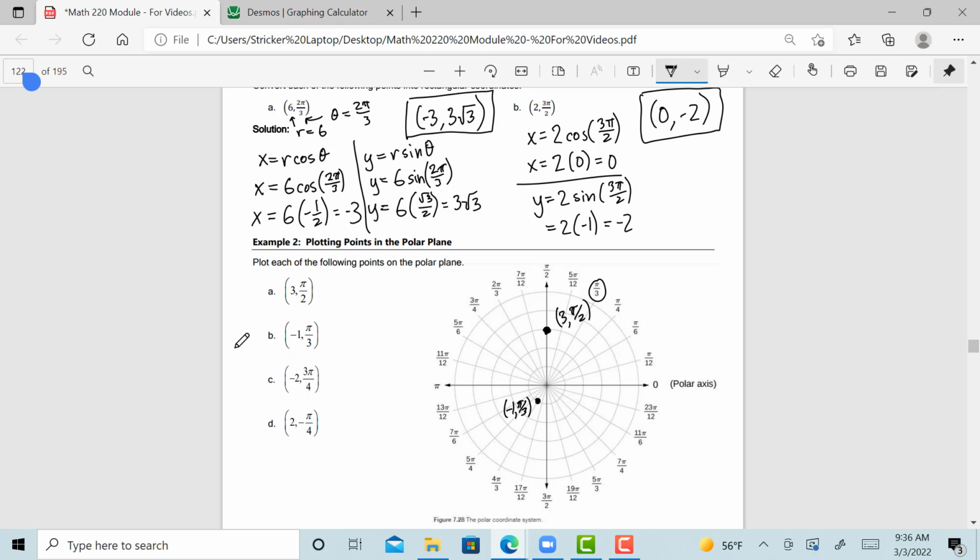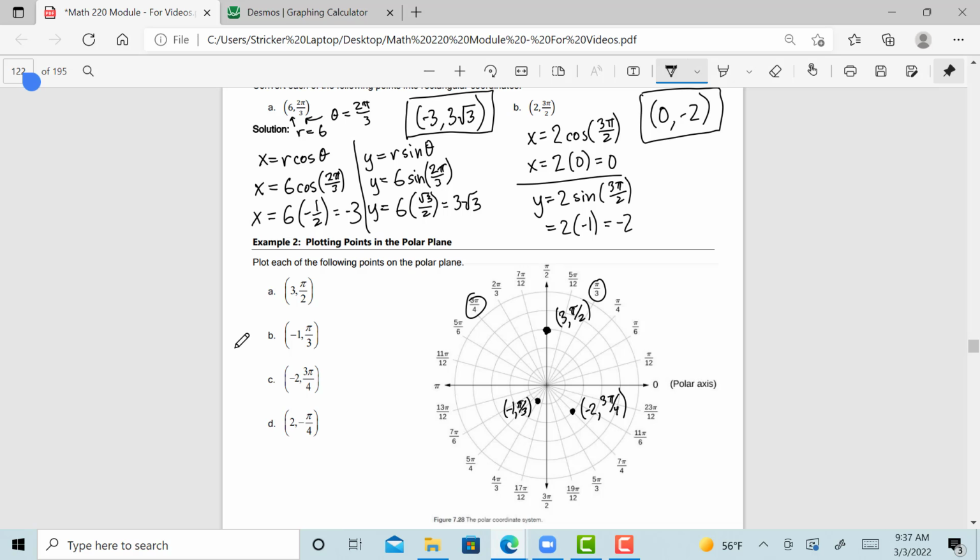Okay, then we have -2, 3 pi over 4. So if we go over to 3 pi over 4, then because it's -2 again, we flip to the opposite side, which is 7 pi over 4. So it's right there. That's -2, 3 pi over 4. And then the last one is 2, -pi over 4.